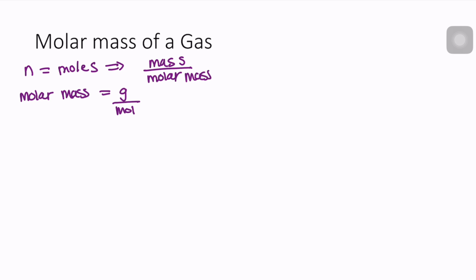Because if we look at the units of this, we would get grams over grams per mole. So my grams would cancel out. My moles are in the denominator of the denominator, so it really hangs out in the numerator. So my units would just be moles.